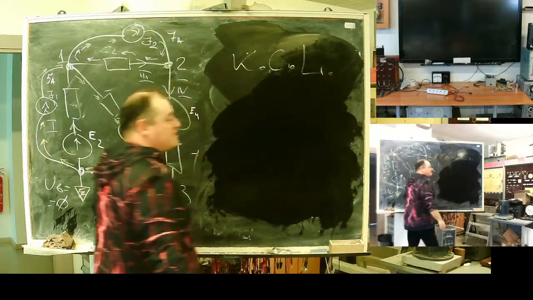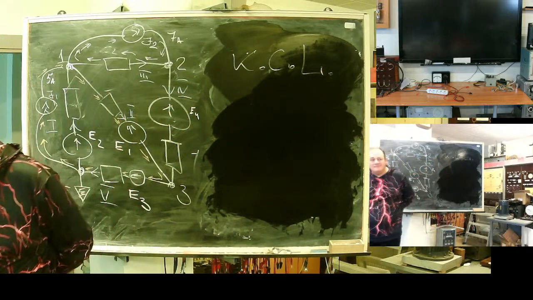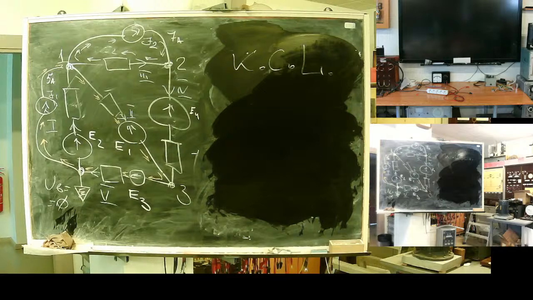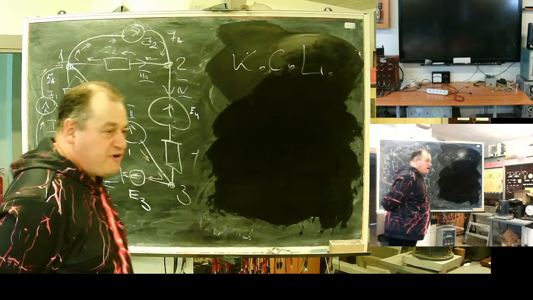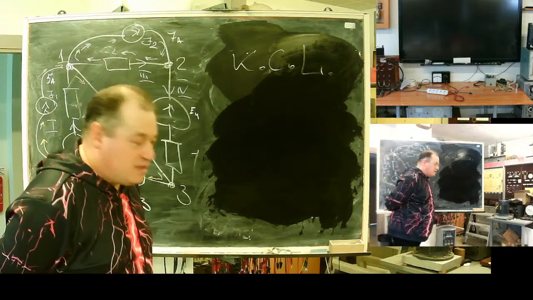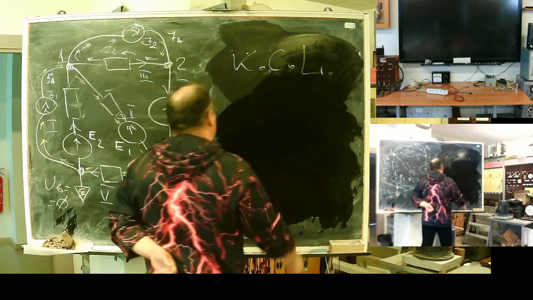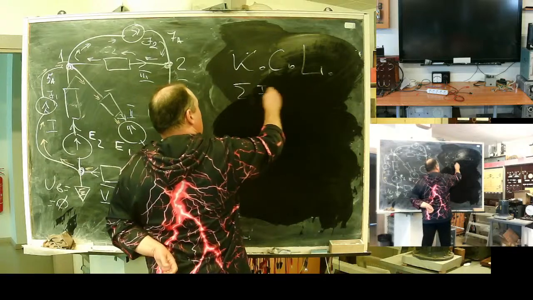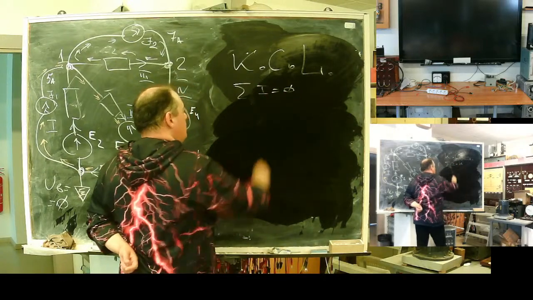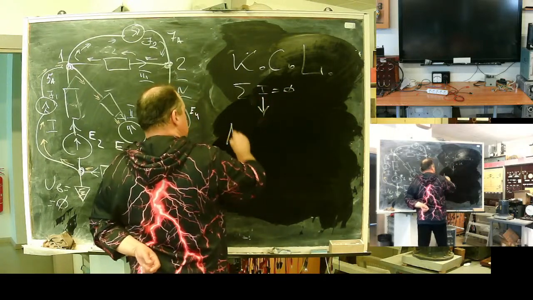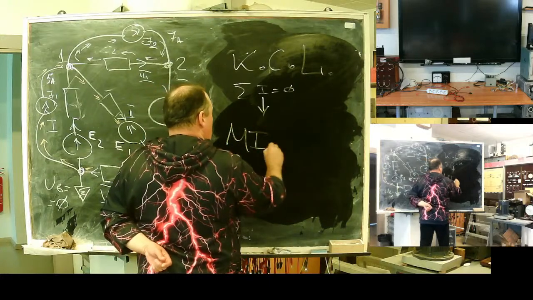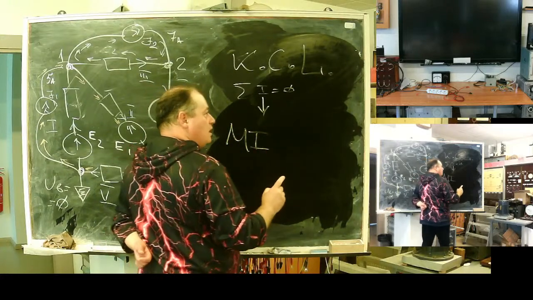What does KCL mean? Kirchhoff's current law, the first Kirchhoff law. The sum of currents in any node is equal to 0. For us, M, here, one moment.